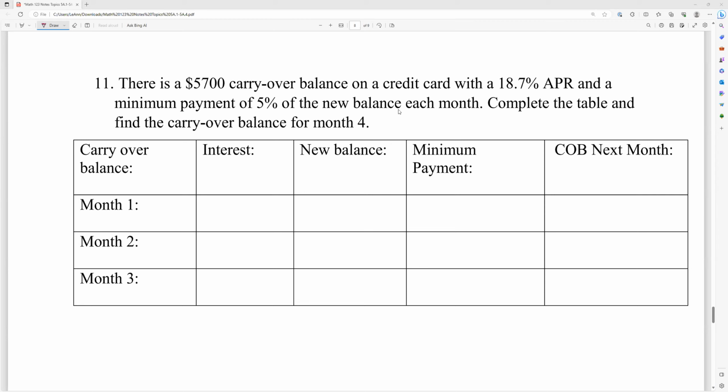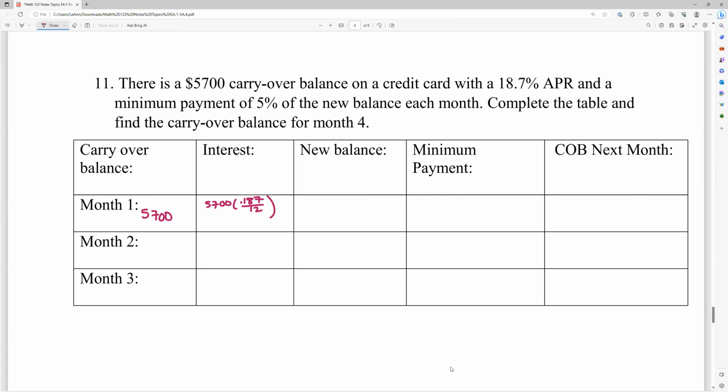So we're starting out in this month with a balance that came over from the previous month of 5,700. The interest that we're going to find is based on that APR. And remember, we want it to be a monthly interest rate, not an annual rate. So we do 5,700 times 0.187, which is that percentage as a decimal, divided by 12.